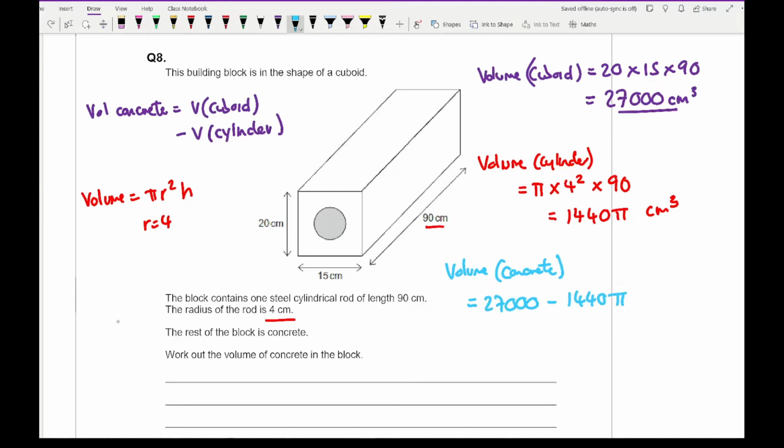I've just kept it in terms of pi because I know I haven't finished, and it's a lot easier for me to write 1440 pi than it is to enter a long decimal answer, in which I should get a final answer of 22,476.1, and that's going to be in centimeter cubed. There is my final answer.